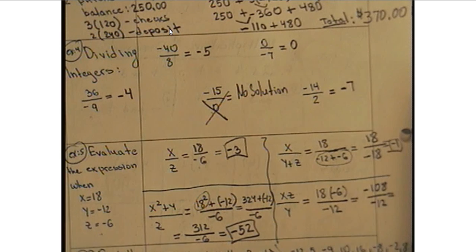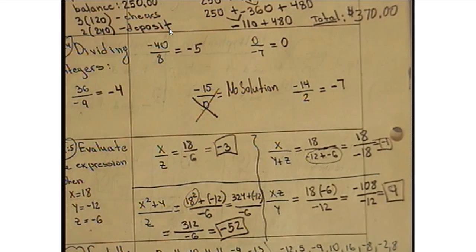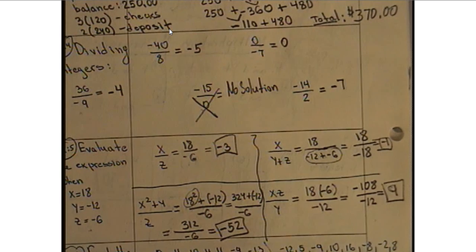Divided by negative 12, this will give us positive 9. Final answer. Alright, so I'm going to ask you to finish those examples. Rewatch the video if you need to. I went a little bit faster because I want to make the video short, and you can watch it as many times as you need to.